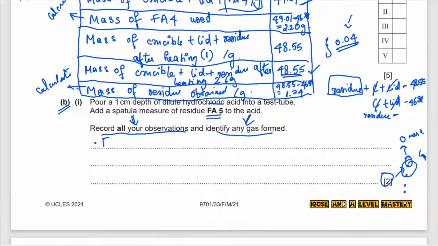So obviously we'll be able to see fizzing or effervescence because of the formation of gas. And then we have to do the lime water test. So that will be the second point. Since it is carbon dioxide, the lime water turns milky.